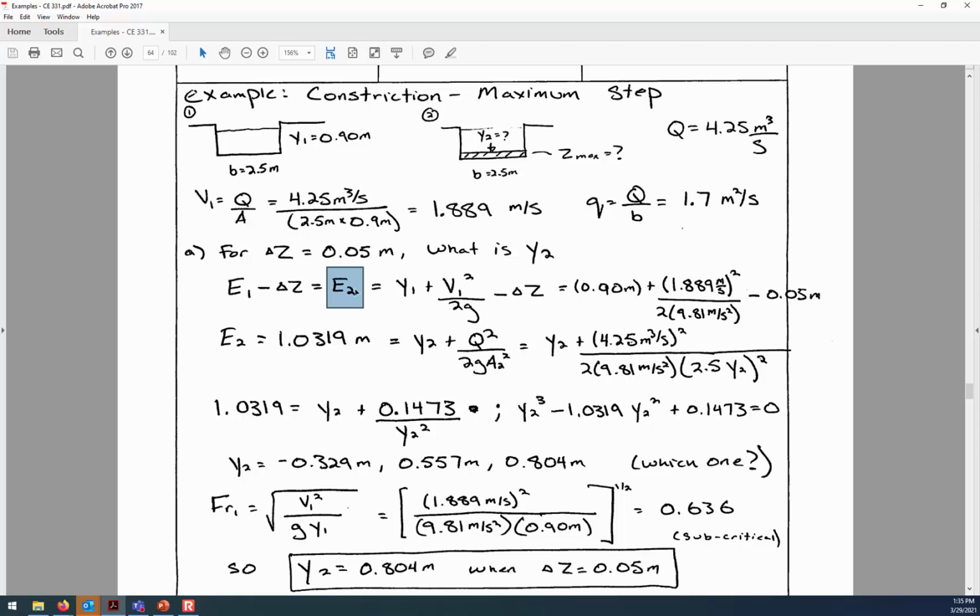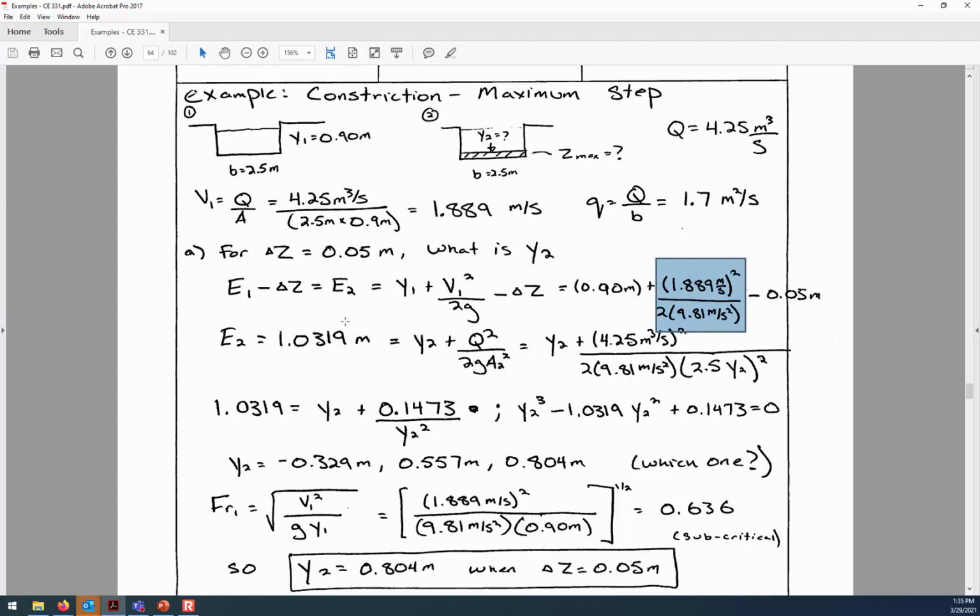So E1 includes both the depth and the velocity head. Then we subtract out the delta Z, and then what's left is going to be the energy at 2. And so here's our initial flow depth of 0.9 meters, the initial specific energy, the initial velocity head at location 1, and then the step up.